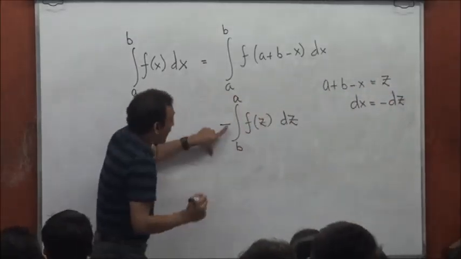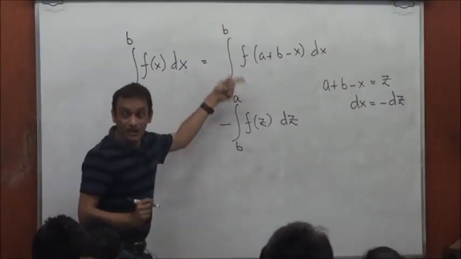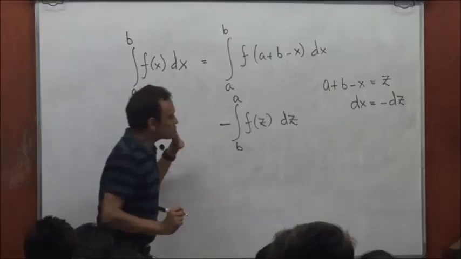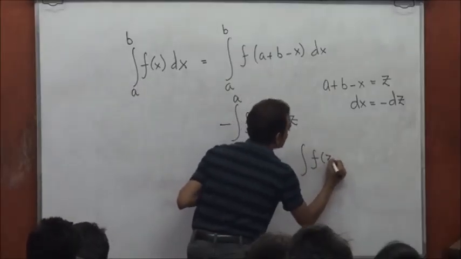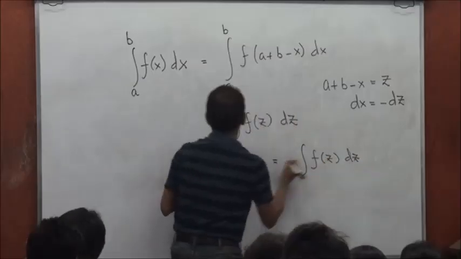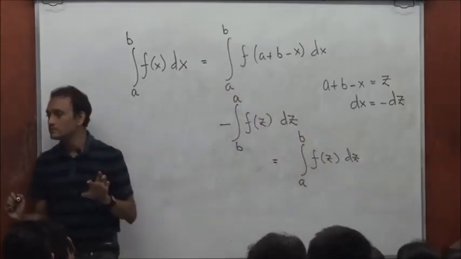Yes or no? Now I can assimilate the minus sign to swap these limits. I can interchange the limits by using the minus sign. So I assimilate the minus sign. f(z) dz, z changes from a to b. The minus then gets absorbed.